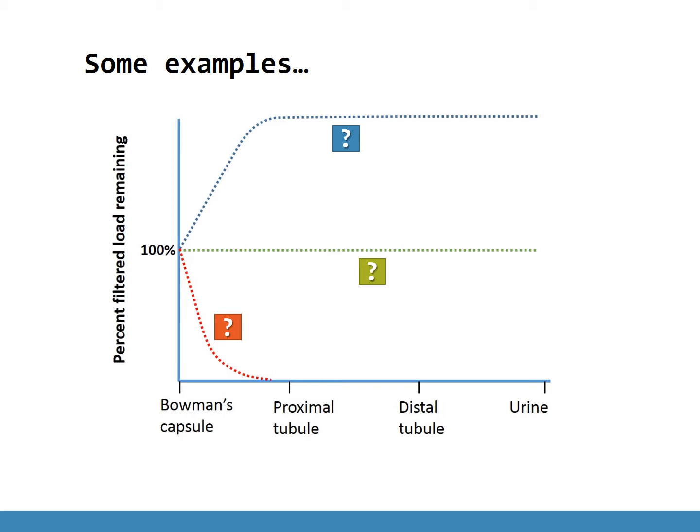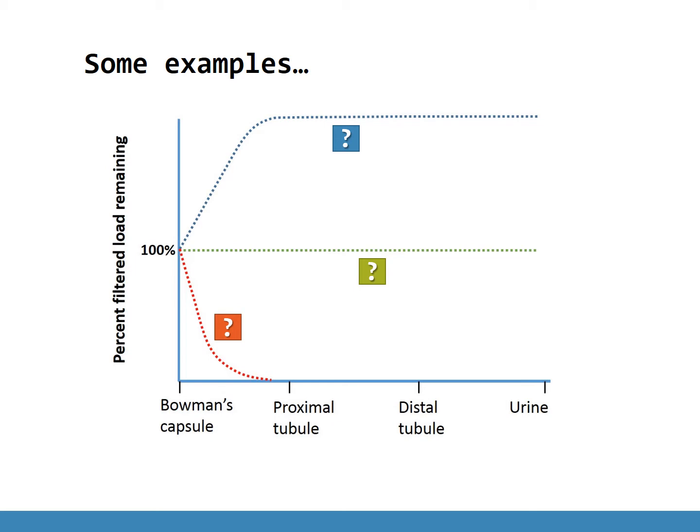So this is the example that I showed you, substance A: filtered, neither reabsorbed nor secreted. So this substance can be used to calculate GFR, and as you all know, a perfect example of this is creatinine, which is an intrinsic substance, or inulin, which can be administered intravenously and can be used to measure GFR.